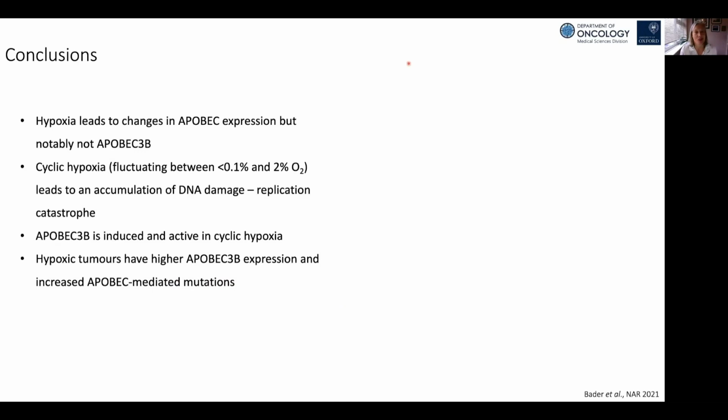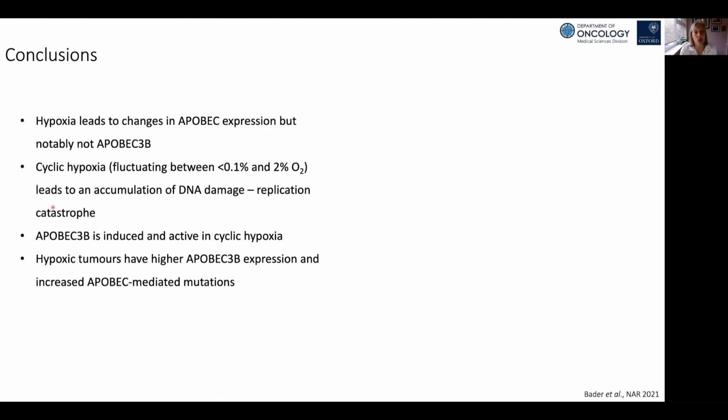So to summarize what I've told you today, hypoxia does lead to changes in APOBEC expression, but notably not APOBEC3B. I'm referring to those experiments where we just put the cells in at 0.1% oxygen. We saw some APOBECs increase, but not A3B. In order to get A3B to be induced in hypoxia, we needed to modify our hypoxic conditions to cyclic hypoxia.